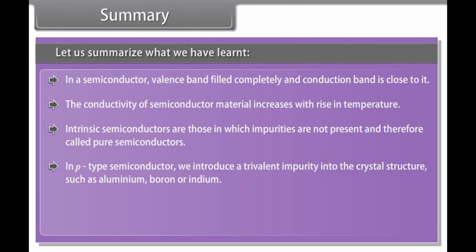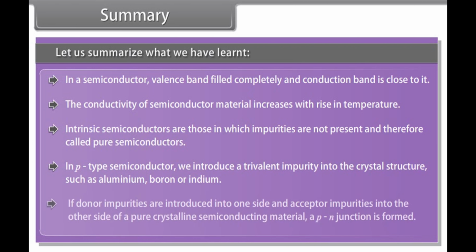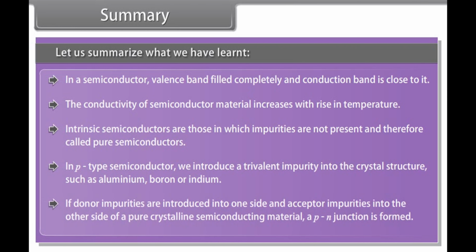In a P-type semiconductor, we introduce a trivalent impurity to the crystal structure, such as aluminium, boron or indium. If donor impurities are introduced into one side and acceptor impurities into the other side of a pure crystalline semiconducting material, a p-n junction is formed.